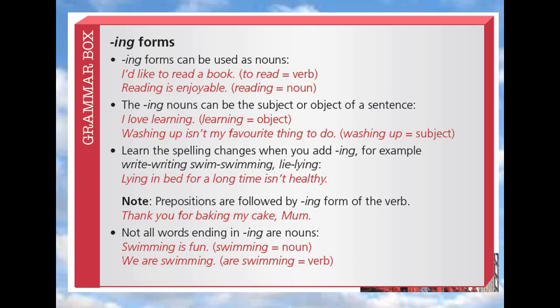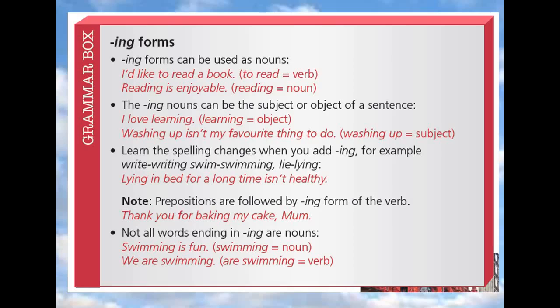The spelling changes when you add ing. For example, write, if the verb ends in e, I omit the e before adding ing. And if the verb ends in a vowel and then a consonant, we double the consonant before adding ing.